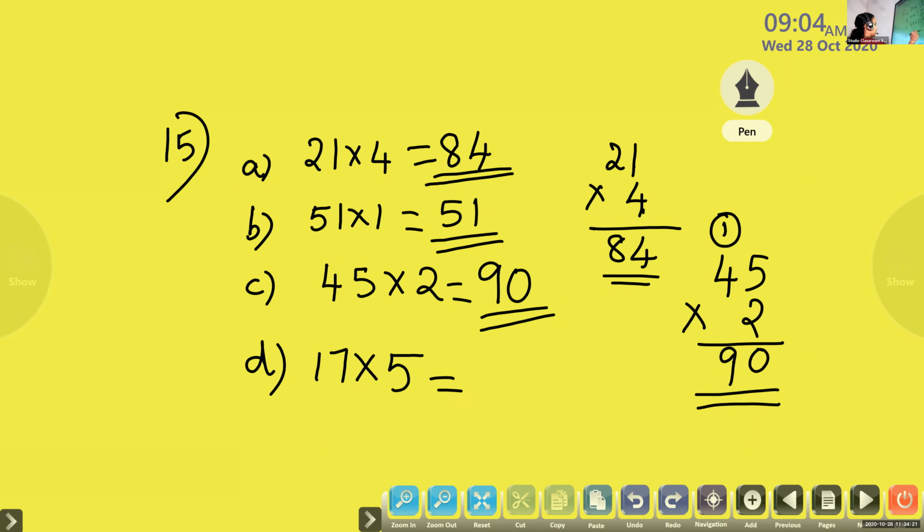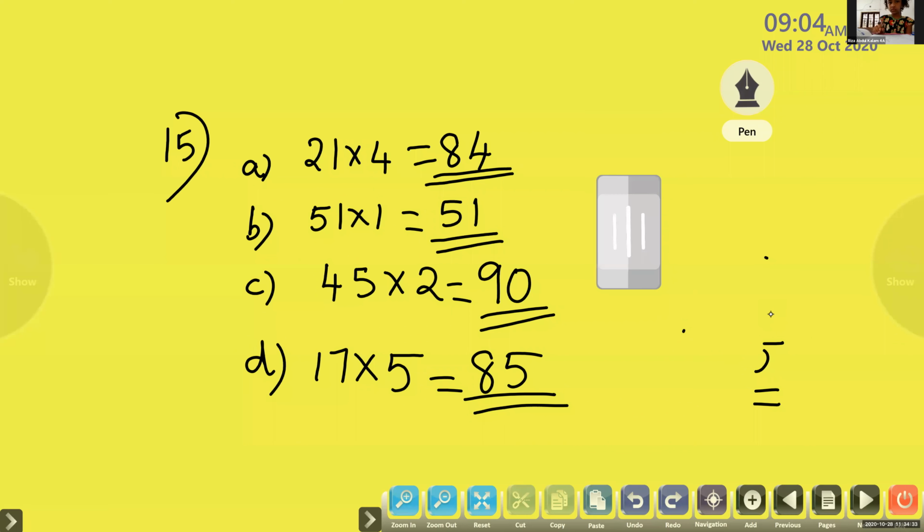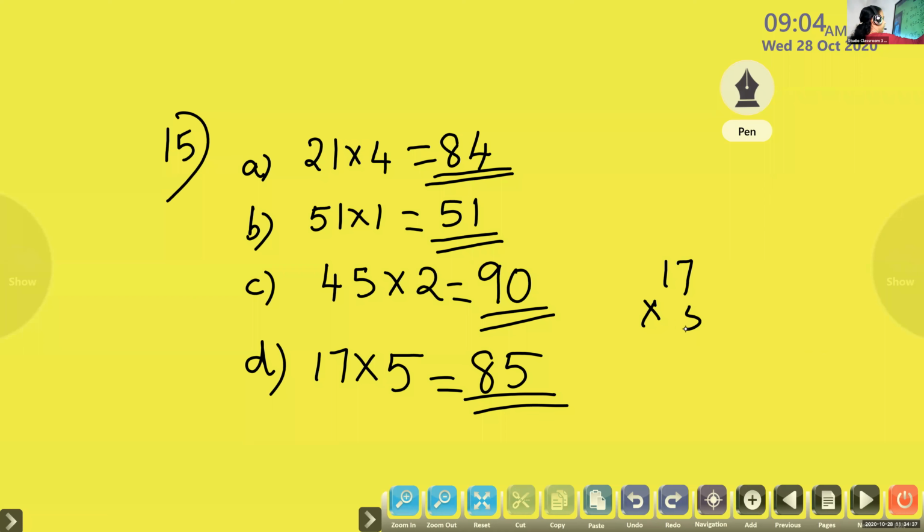Very good. 17 into 5. Children, if you have doubt, we can do here. 5 into 7, 35. Check whether you got this answer. 5 into 1, 5 plus 3 is 8. Correct answer, 85.